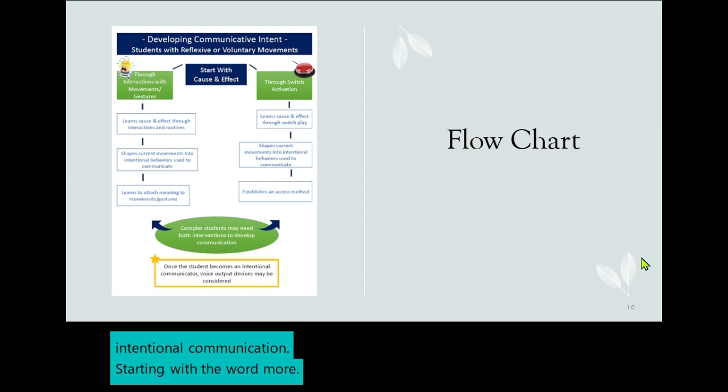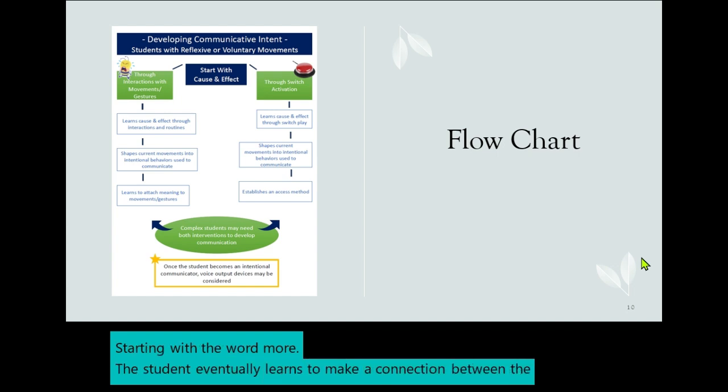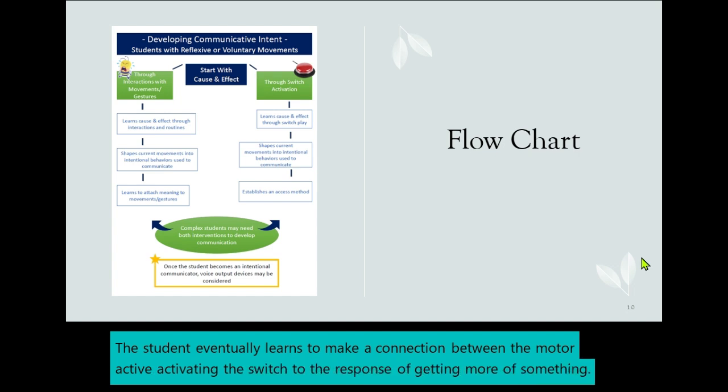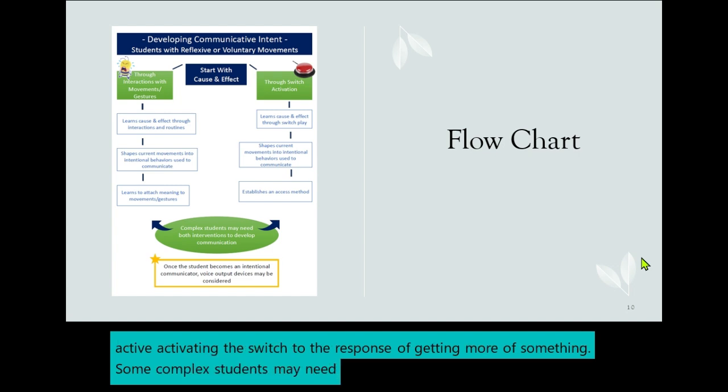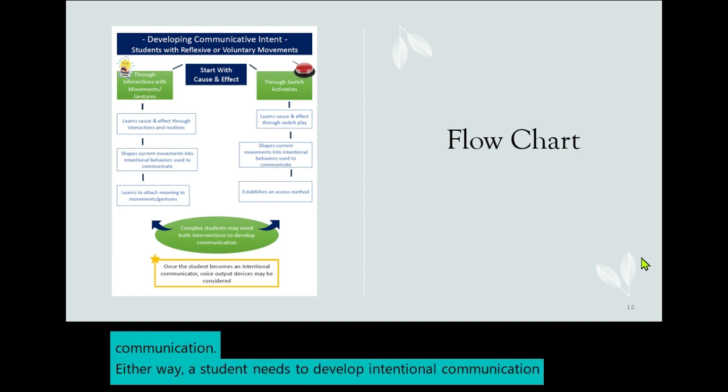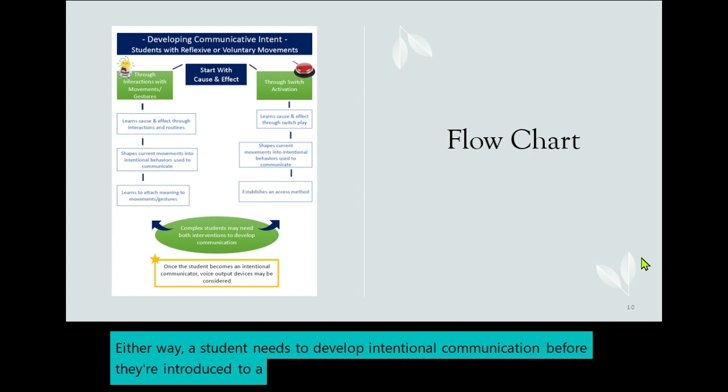The student eventually learns to make a connection between the motor act of activating the switch to the response of getting more of something. Some complex students may need both interventions to develop communication. Either way, a student needs to develop intentional communication before they're introduced to a voice output device.